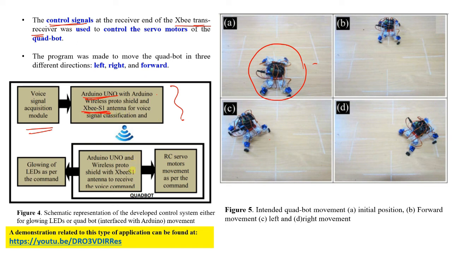Over here in the Zigbee, we had another Arduino Uno and a Zigbee system which would receive the signal from the biosignal acquisition and control signal generation system, and then control the RC servo motors of the program.